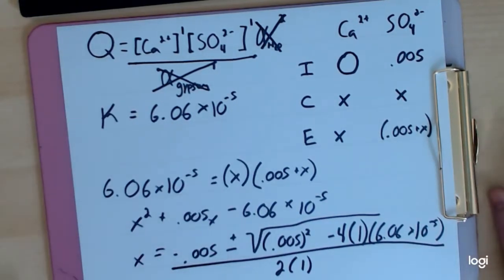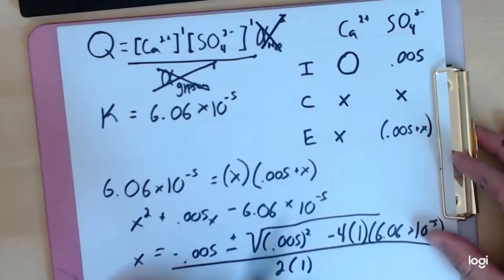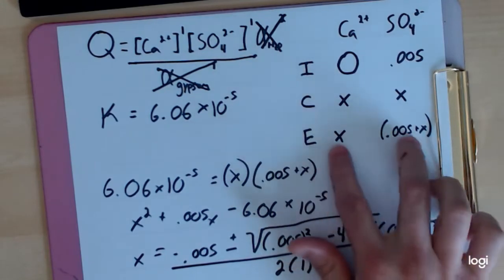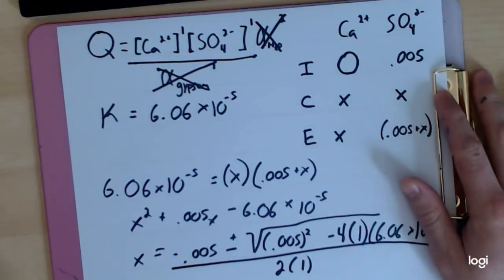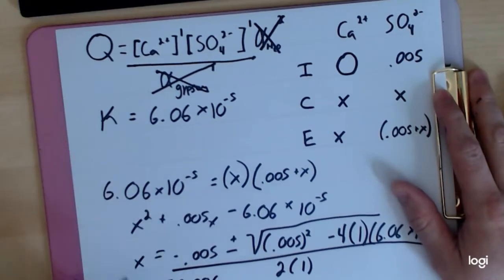So you can figure this out. You'll end up with two solutions. One solution will make one of these terms negative, and one solution will make these terms both positive. And the one that makes them both positive is x equals 0.006 approximately.